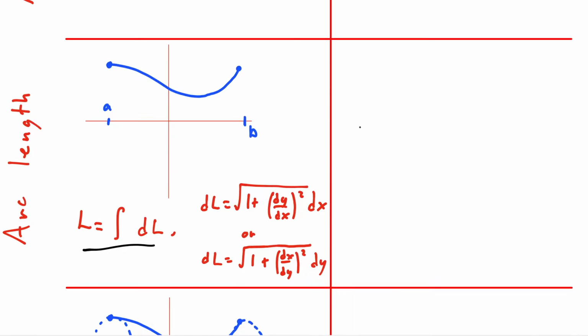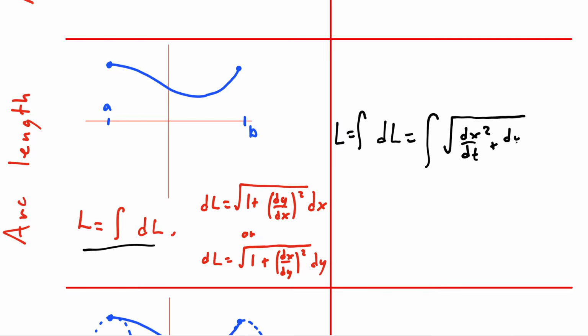So to find arc length, L, we take the integral of dl, and we just found in terms of parametric equations that dl is the square root of the derivative of the x function squared plus the derivative of the y function squared dt, where the parameter t ranges from alpha to beta.